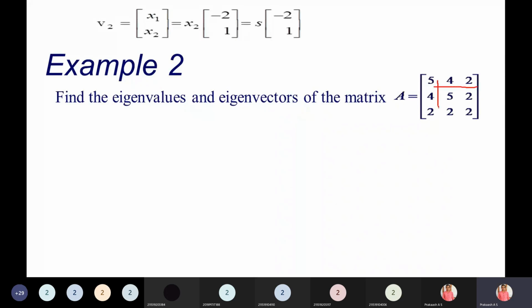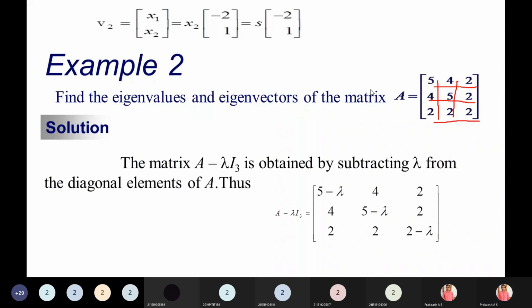R1 is the same as C1, R2 is the same as C2, and R3 is the same as C3. So we have to find the eigenvalues and eigenvectors of this 3 by 3 matrix. The matrix is obtained by this; if you calculate this, you will get a single matrix.